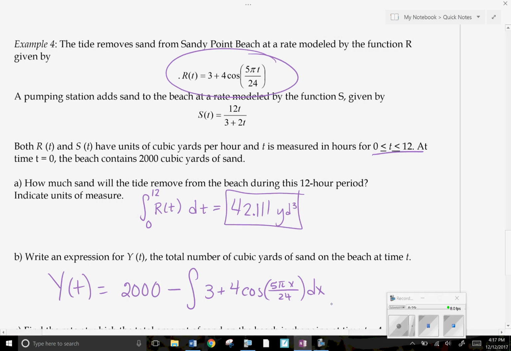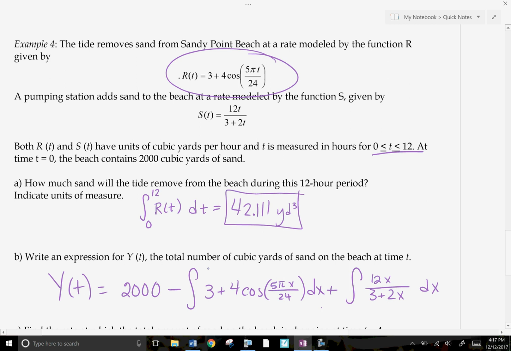Then it's going to add sand at a rate of 12t over 3 plus 2t. But actually, I want to make those x's, and you'll know why in a second. 3 plus 2x dx.